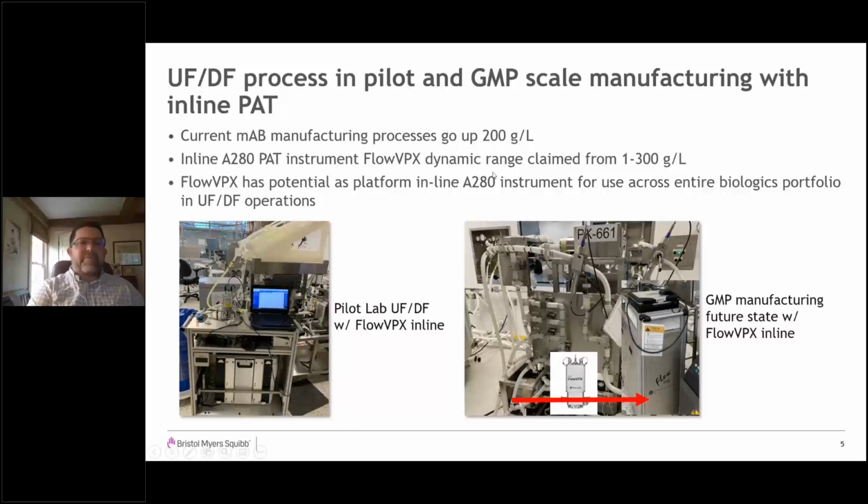The inline FlowVPX dynamic range has been claimed to be accurate all the way to 300 grams per liter. We have some evidence that it goes close to that, but since we don't intend to go that high in our manufacturing processes, it's not really significant that we tested that high a concentration.